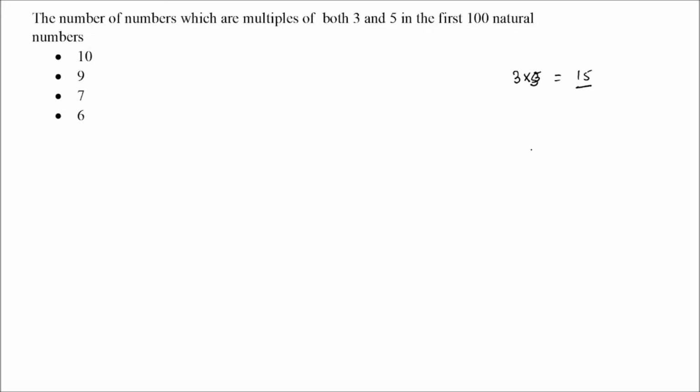So we have to calculate multiples of 15 in the first 100 natural numbers. The first multiple of 15 is 15, second is 30, 45, 60, 75, 90. So these are the multiples of 15 in the first 100 natural numbers. So 1, 2, 3, 4, 5 and 6 will be our answer.